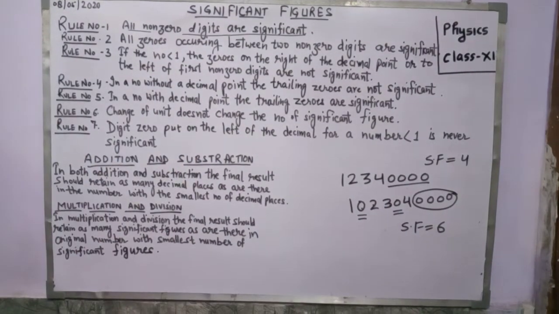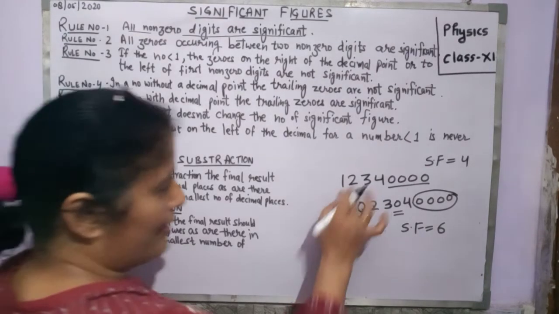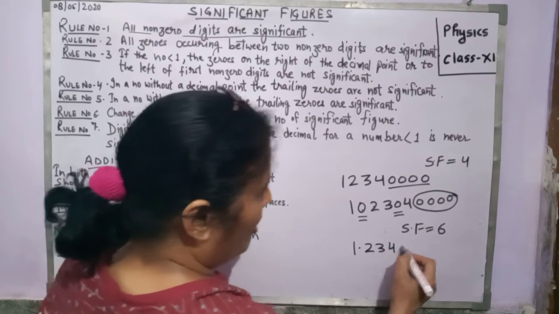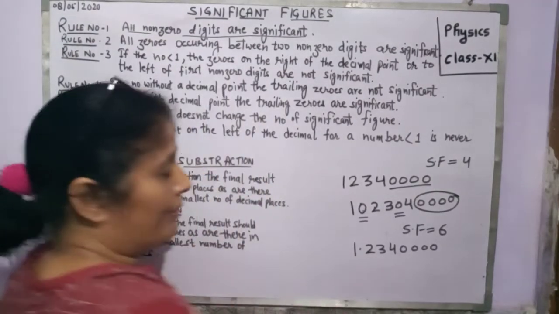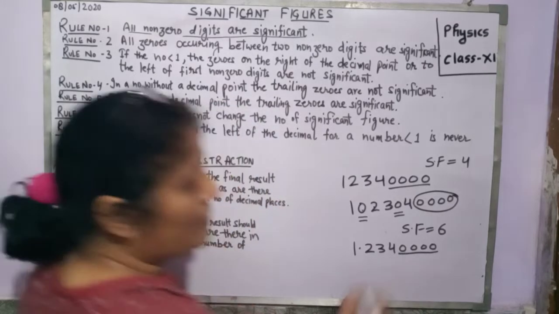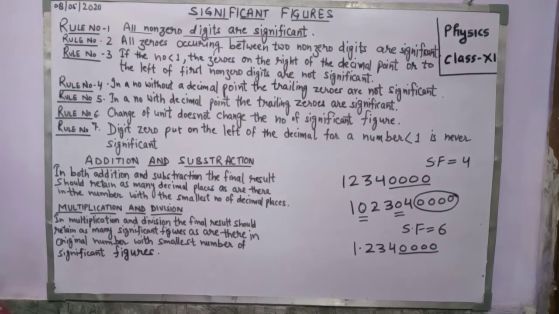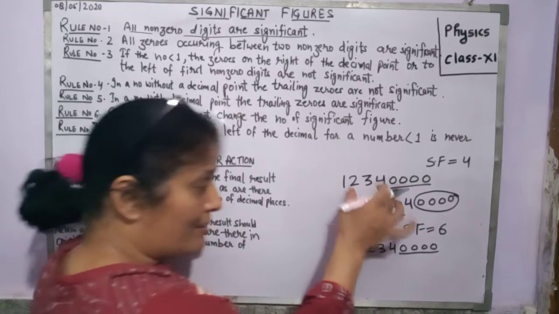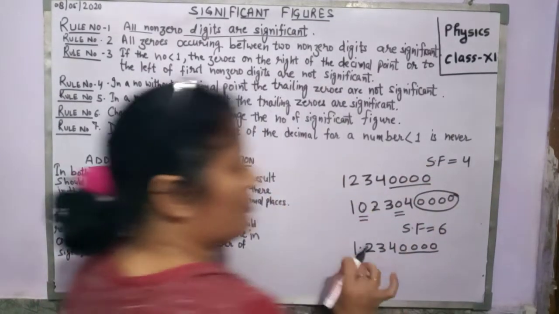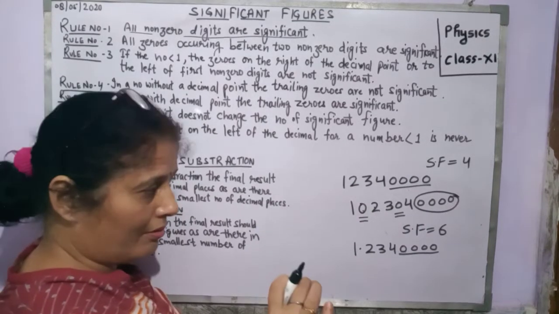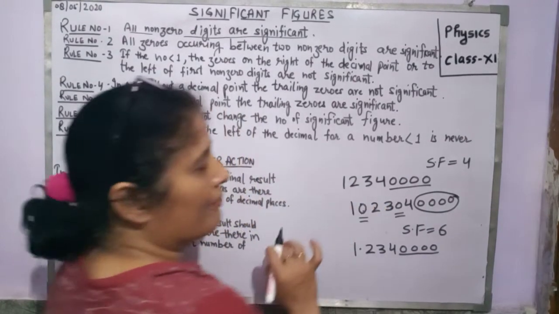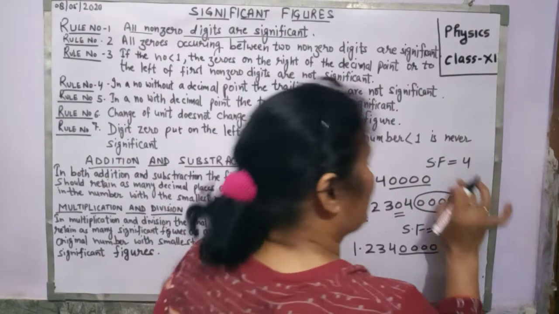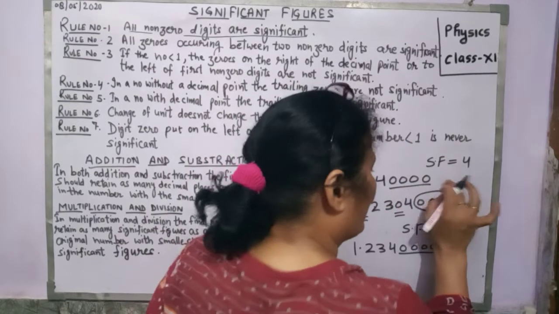What happens if there is a decimal point? Suppose here is a decimal in such a way, 1.234 and 4 zeros are there. Then all these 4 zeros become significant. Two facts should be noted: first, there should be no decimal point, and second, the number does not come from a certain measurement, it does not contain a unit.